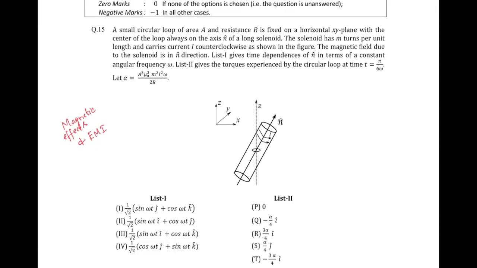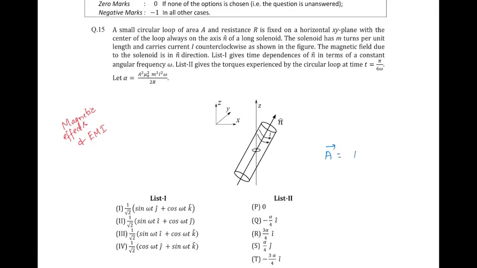Essentially, you are asked to find the torque on this particular small ring, that circular loop. List 2 basically gives the torque, so you need to find out the torque values. What I'm going to do is first find the area vector of that small loop, in which direction that area vector is pointing.